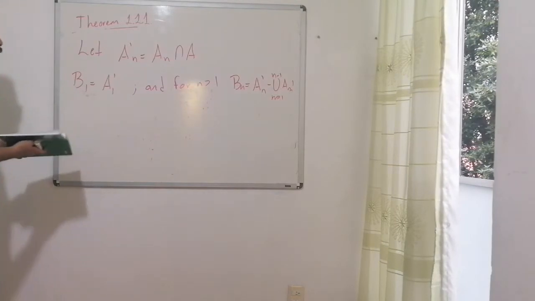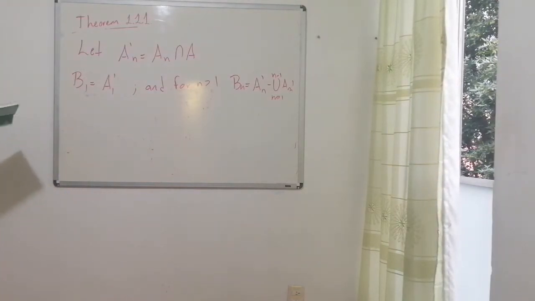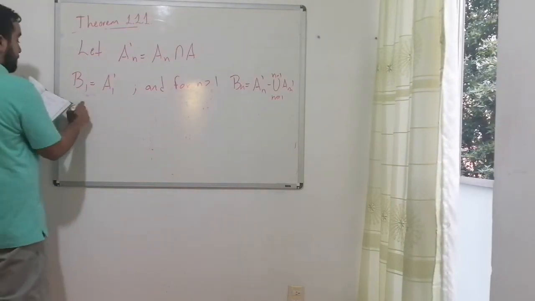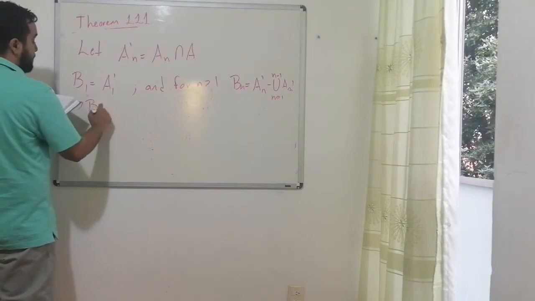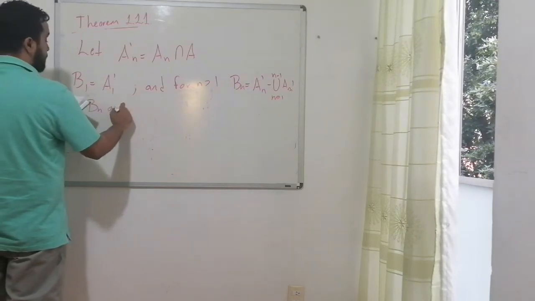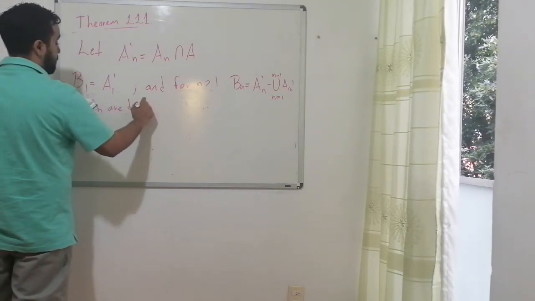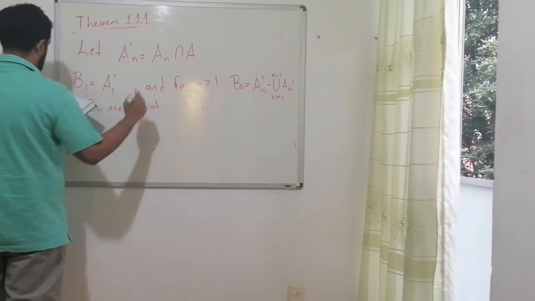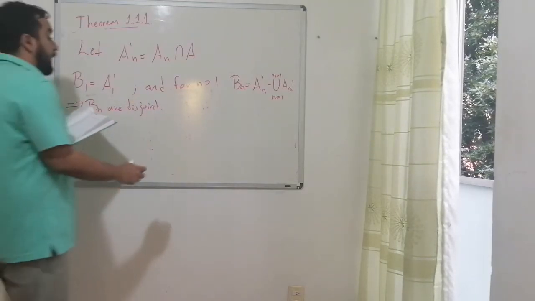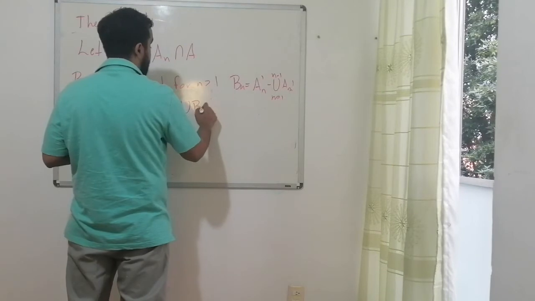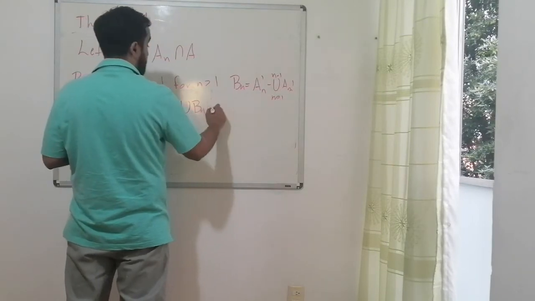Constructing B_n and A prime in that form implies that the B_n's are disjoint, and the union of the B_n's is equal to A.